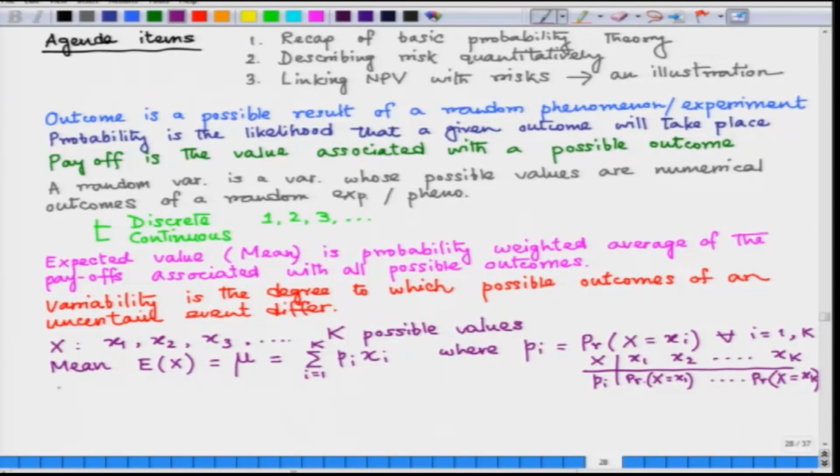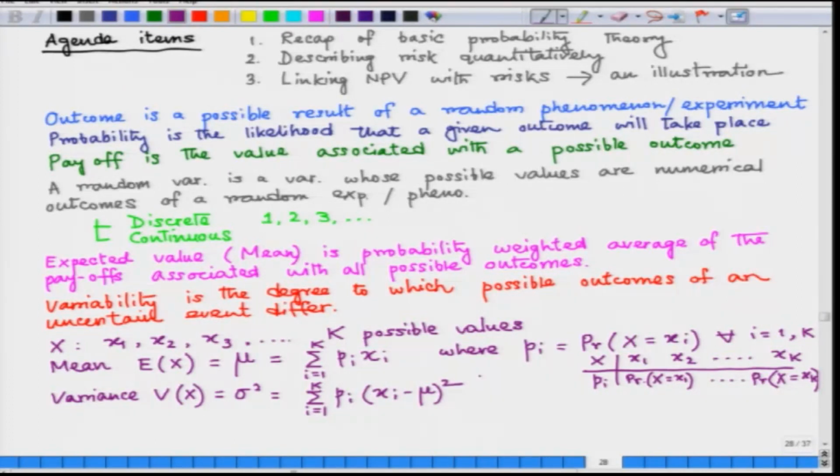Now, we are going to introduce the concept of variance, and variance is denoted as V of x and also with this symbol sigma square, and the formula would be again another weighted sum, weights being probabilities, but this time we are going to take the difference between the mean of the discrete random variable or any random variable and the actual value of the variable which is actually observed, and then square it.